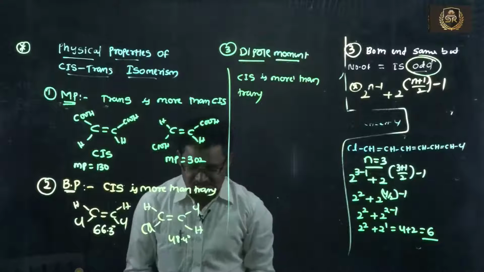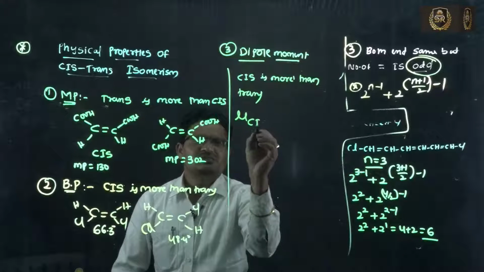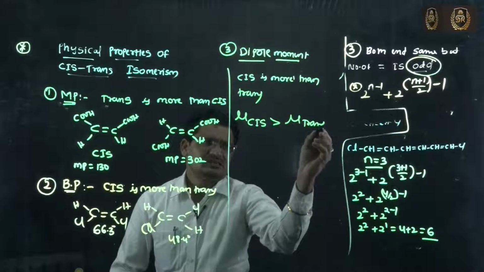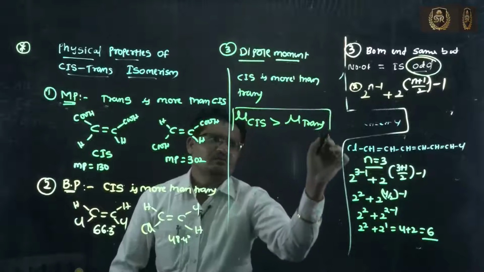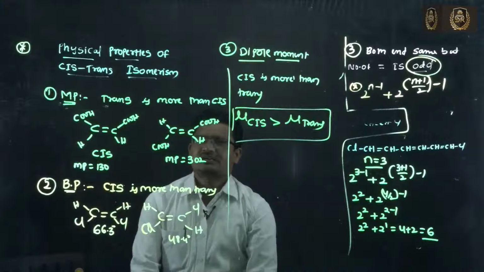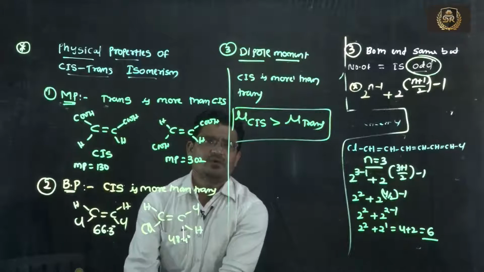So that's why cis contains a certain dipole, that means mu cis is greater than mu trans. That's why the cis isomer forms a certain dipole moment and trans cannot form a certain dipole moment.